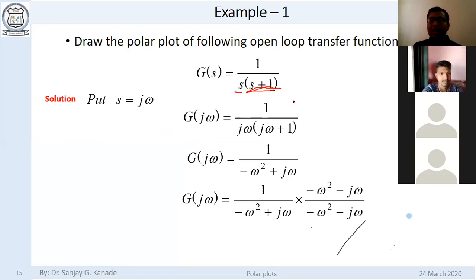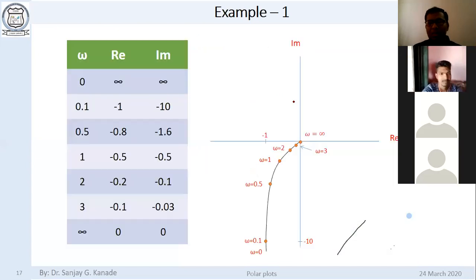So when it is like this, the polar plot goes this way: at omega equal to 0, the magnitude is infinity, and it is asymptotic to this line, the minus T line. And as we increase omega, at omega equal to infinity, the magnitude is 0, right?